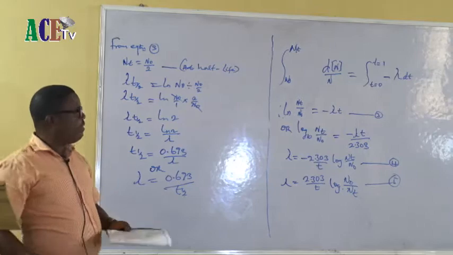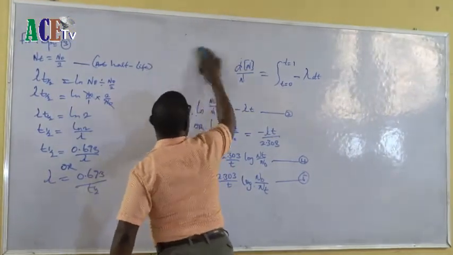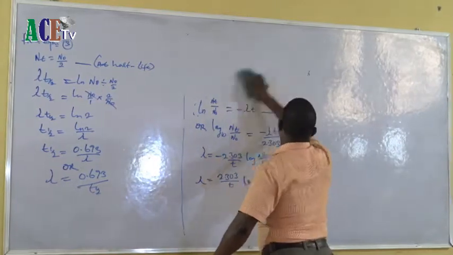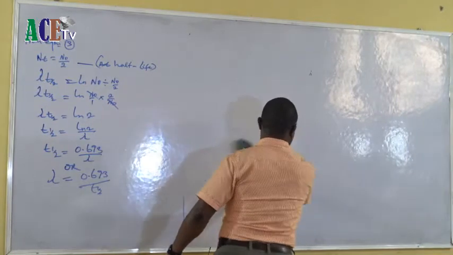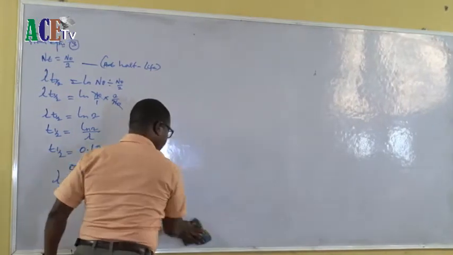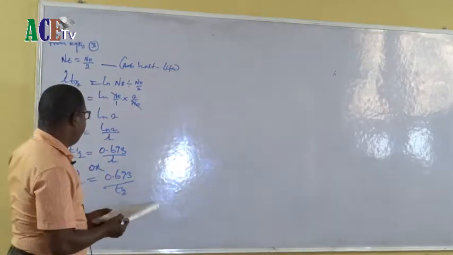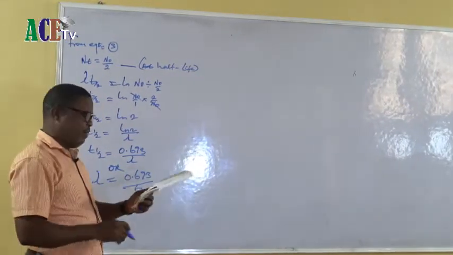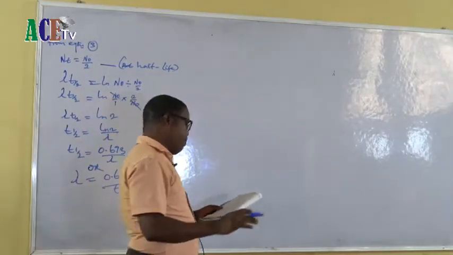Now, from this, our T is the time interval for the decay to take place.